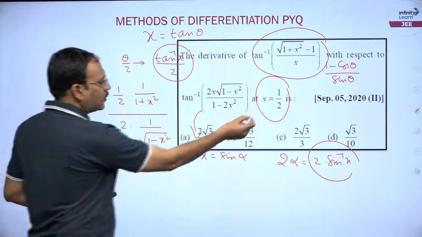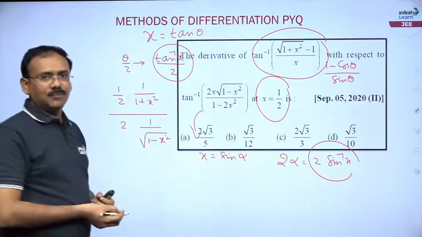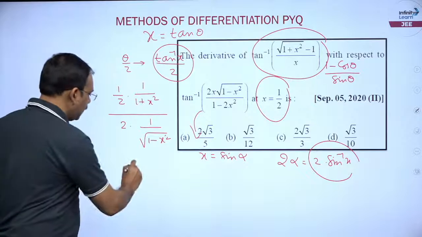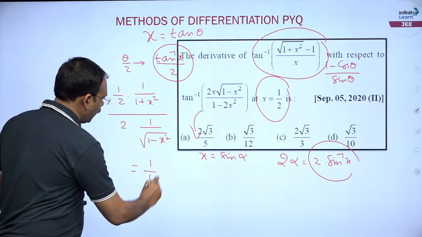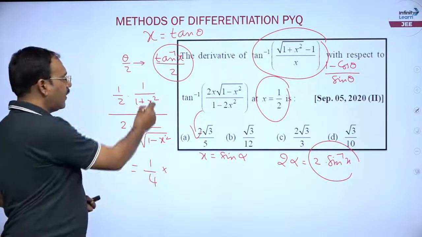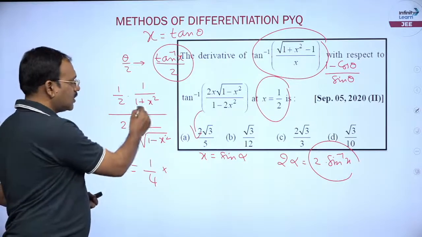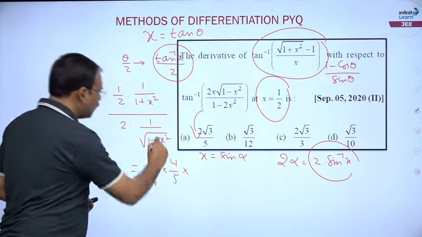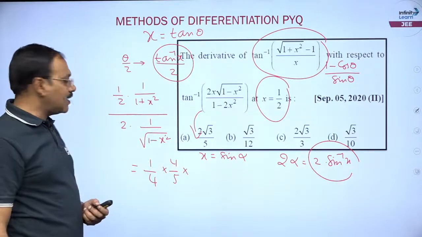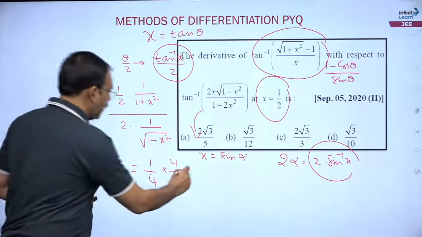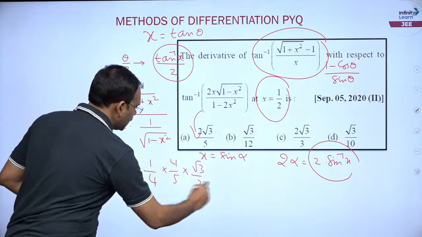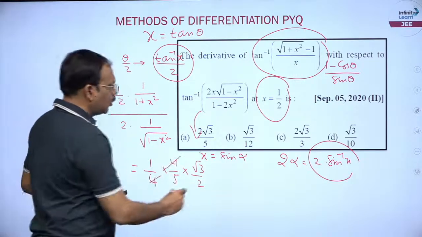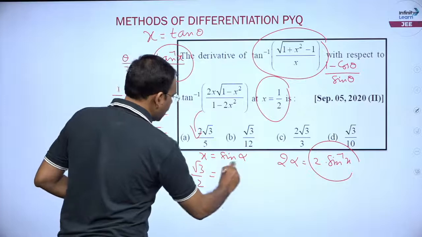Now you have to put x is equal to 1 by 2. Now substitute and do: this becomes 1 by 4 multiplied by, when it is 1 by 4, this is 5 by 4, so 4 by 5 into, this becomes root of 1 minus x square, which is root 3 by 2, yes, which I can say root 3 by 10 is the answer.